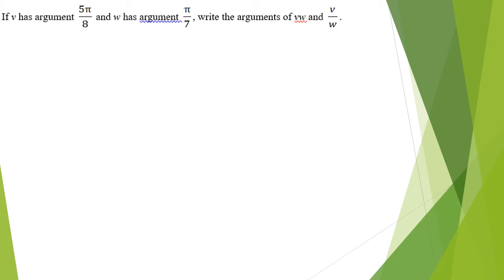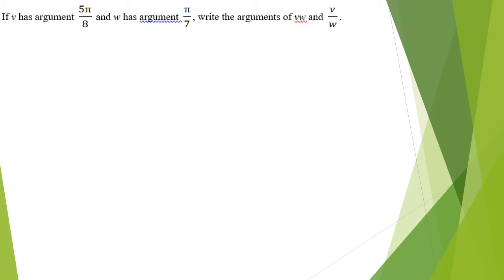Now next question, you've got the argument of v is 5 pi over 8, the argument of w is pi over 3, right? The argument of v times w and v over w. Remember when we multiply in the argument format, you will add the angles, and when you divide you subtract the angles.